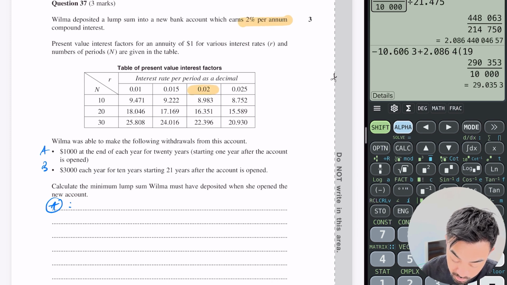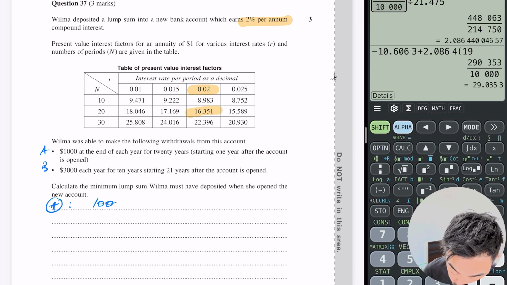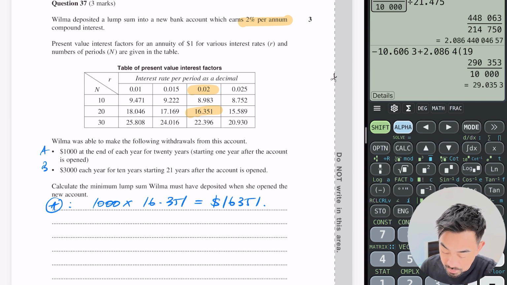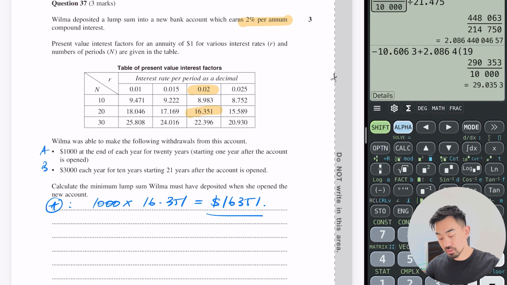So 2% is here for 20 years. That's going to be 1,000 times 16.351, so that's $16,351. That's how much money she would have had to put in if she wanted to take out $1,000 each year for 20 years.